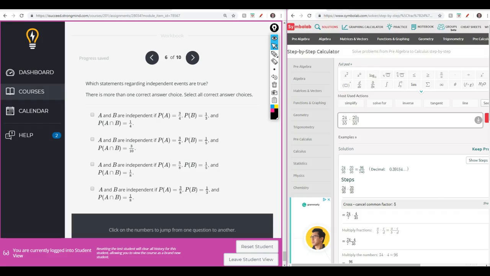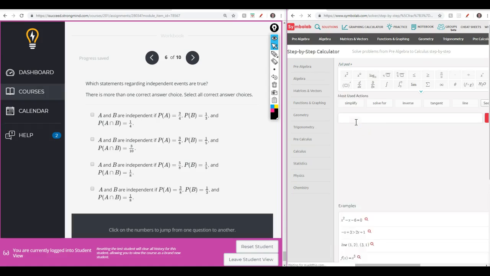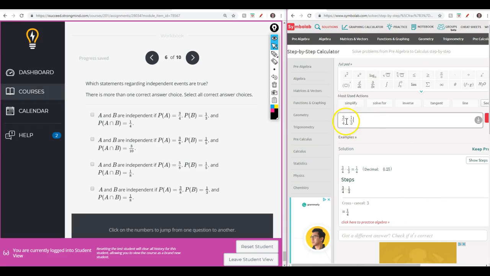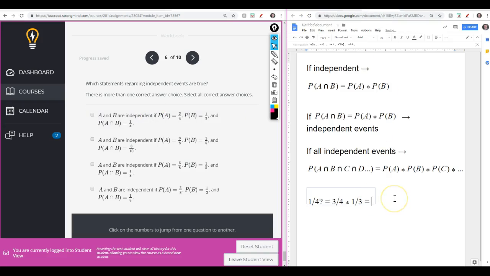So we can jump over here and check. 3/4 times 1/3. And some of you are going to notice right here, 3 divided by 3 would reduce down to 1, which would leave us 1/4. So 1/4 equals 1/4. Yep, that is true. So that one's correct.